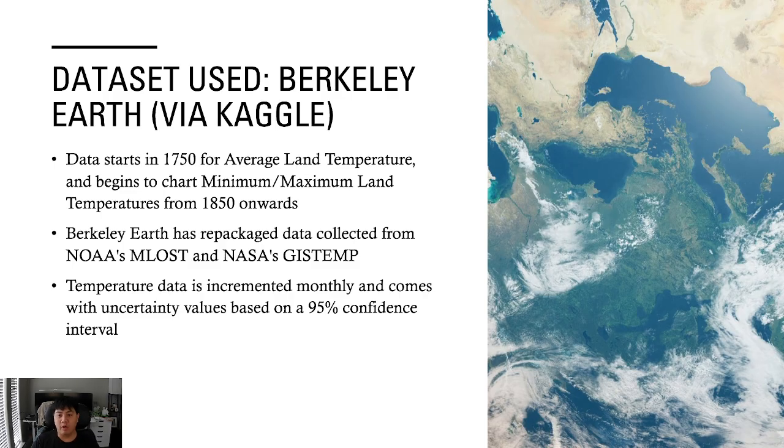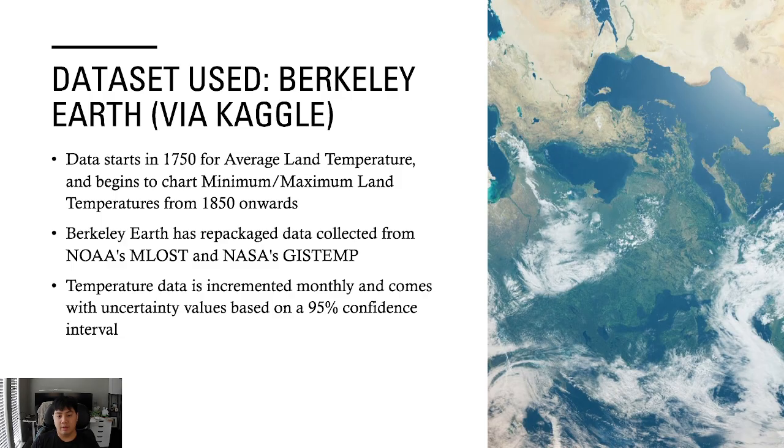Now, a few of the important details about this data set is that it starts from 1750, which is quite a long time ago. Now, we have the average land temperature data, but it's not until 1850 in this data set that we begin to incorporate minimum and maximum temperatures.